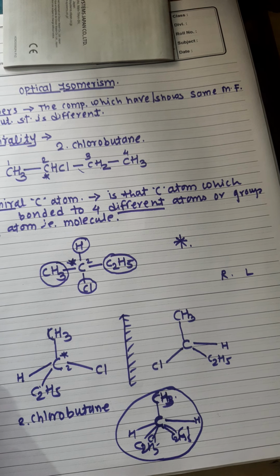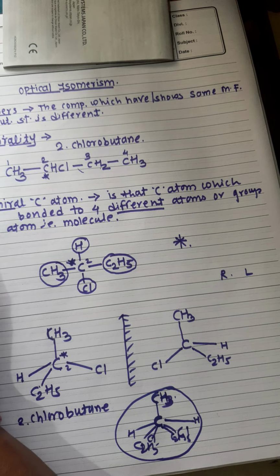From this we understand handedness or chirality, the stereoisomerism in which the isomers have different spatial arrangements of groups and atoms.